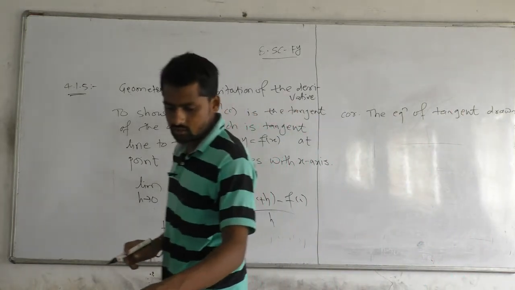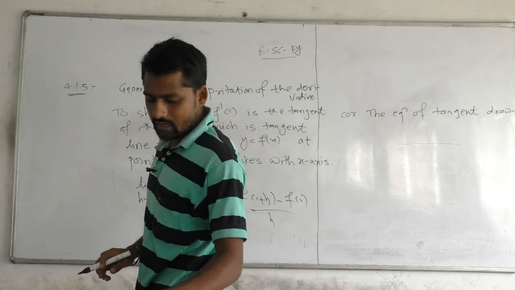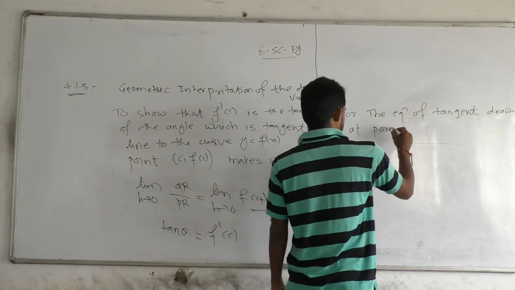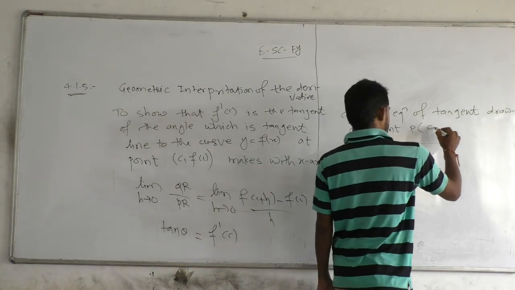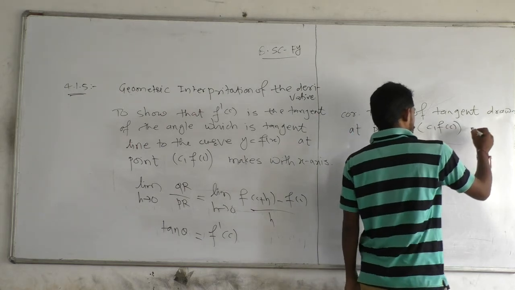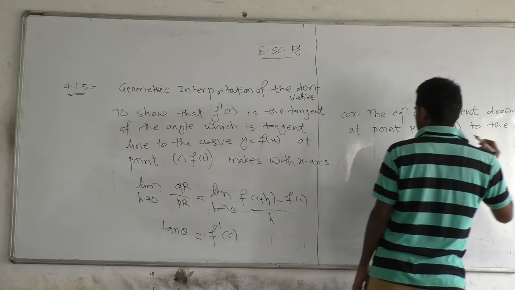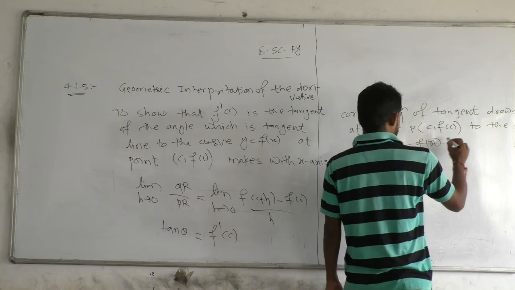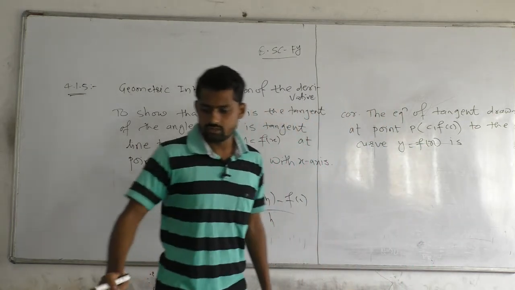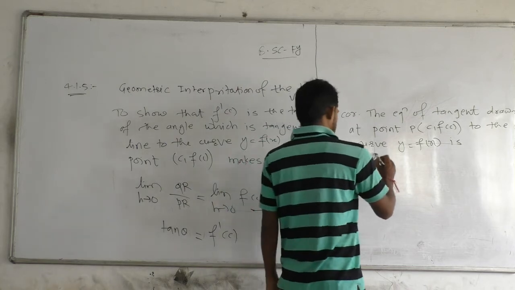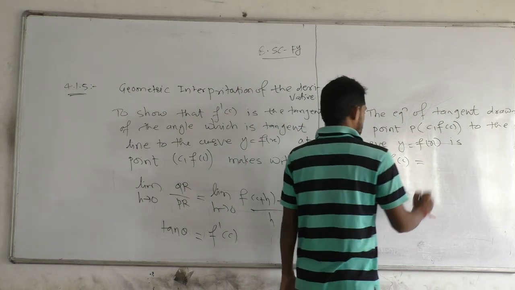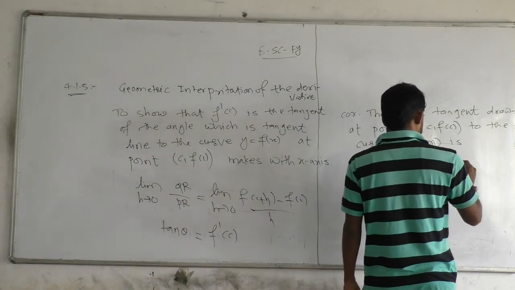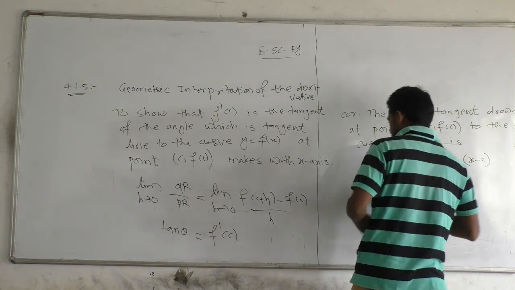The equation of the tangent drawn at point P, the point c, f(c), to the curve y is equal to f of x is y minus f of c is equal to f dash of c into x minus c.